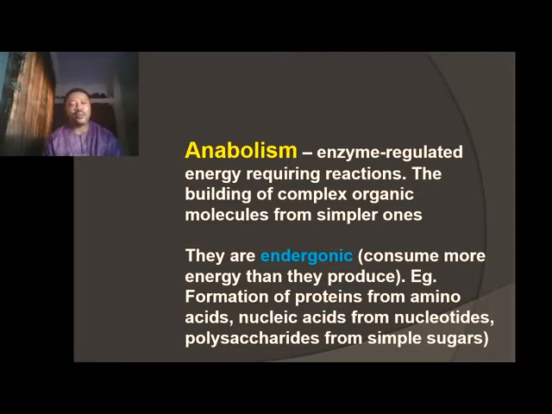It is also a form of anabolic reaction. And also we have simple sugars building up polysaccharides. All these are examples of building up processes, and they constitute anabolic reactions. So catabolic as well as anabolic reactions is what is summed up as metabolic processes that can take place within the microorganism.